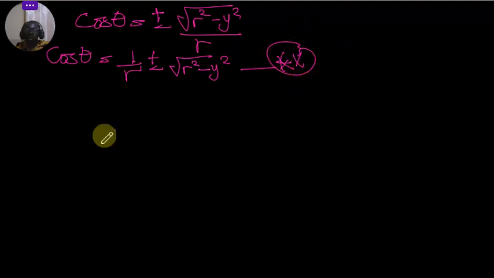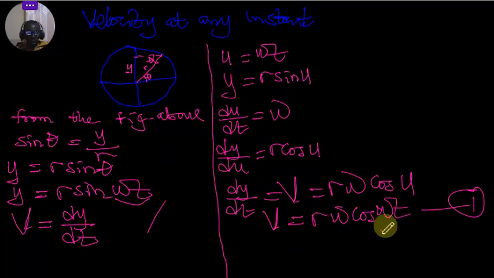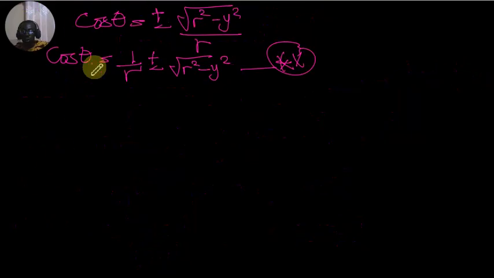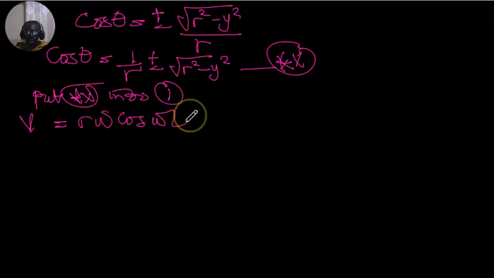Now put this equation star star back into our equation 1. What is that equation 1? V equals r omega cos omega t.